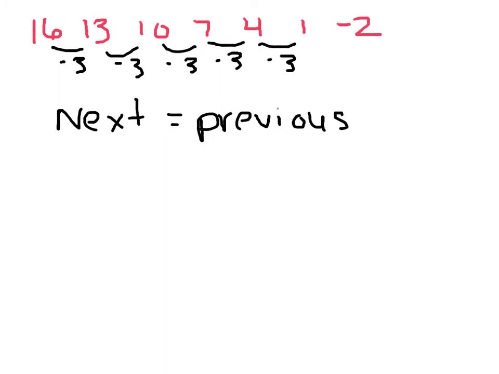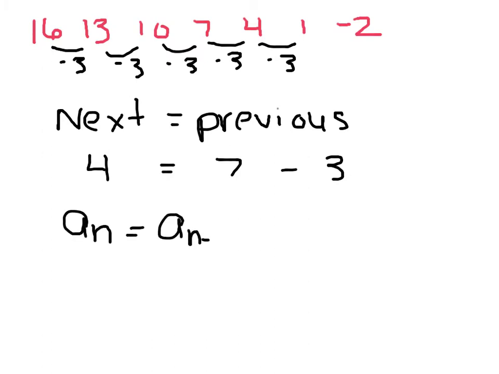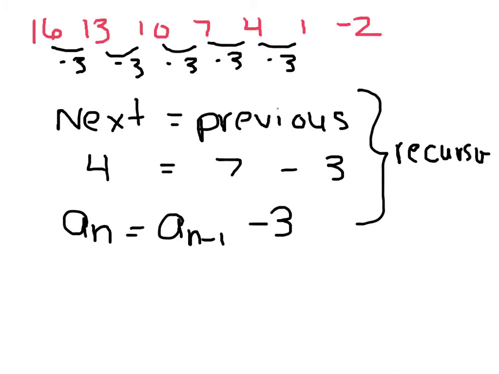So in this case, to get the 4, I would take the 7 and subtract 3. So to get the nth term, I would take the previous term and subtract 3. This is my recursive definition.